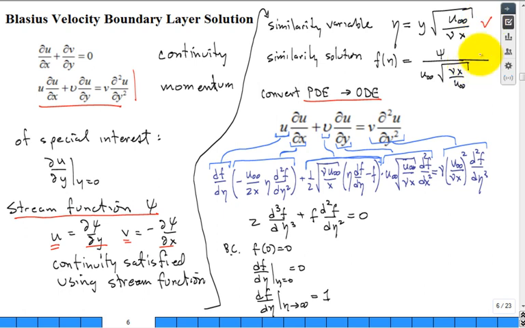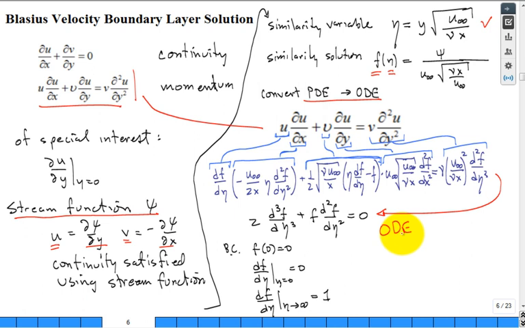With that definition of the similarity variable, you're looking for a similarity solution of an ODE of f, which is a function of eta, which is defined as the psi divided by the terms as written. So you take the governing momentum equation and you transform the u, you transform the du dx, you transform all of those terms, you do a lot of algebraic manipulation to simplify, and there is my ordinary differential equation.